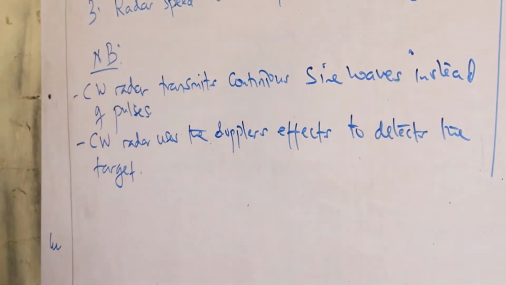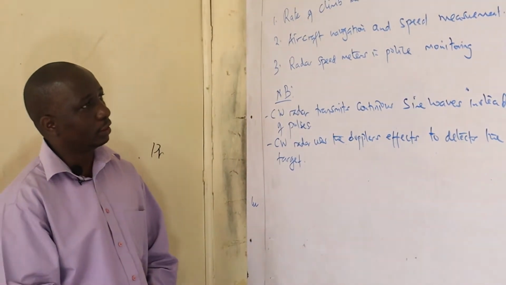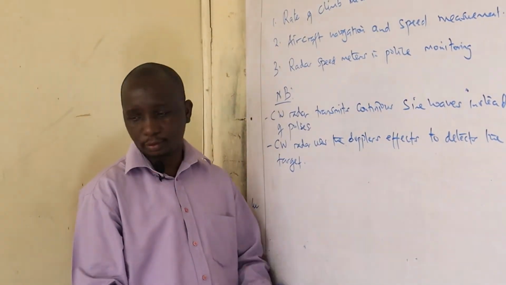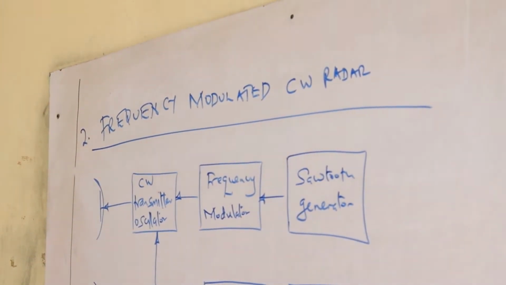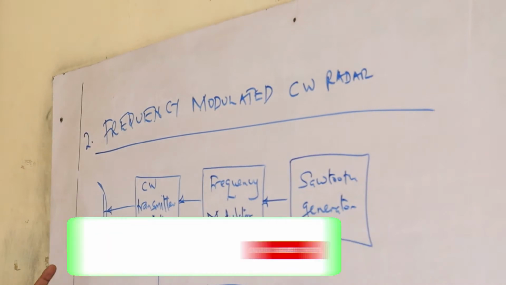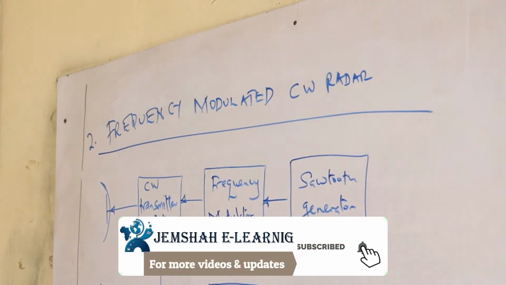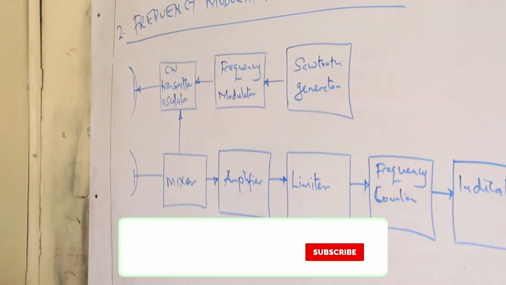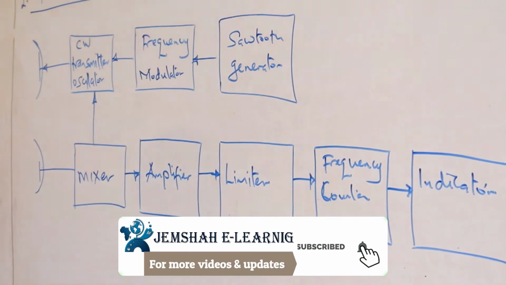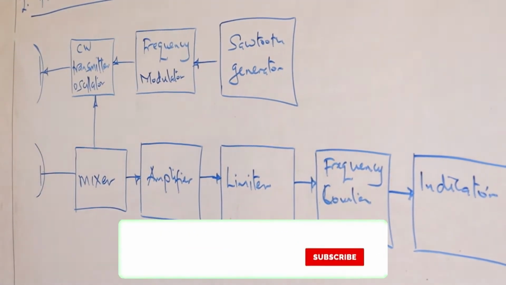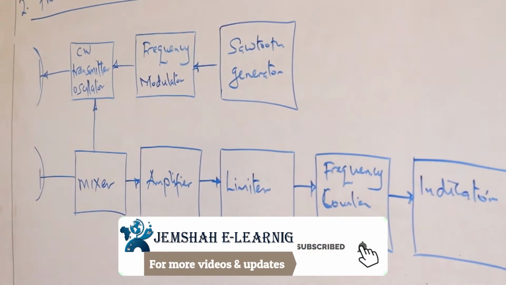So we're going to go to the second type of radar. So we now have to get space and do something. This second type of radar system is frequency modulated. With frequency modulation, you are able to measure the range of the target and not just detect it. Because of that, it's more advantageous than the continuous wave radar.